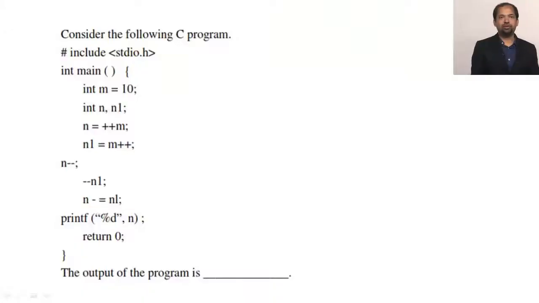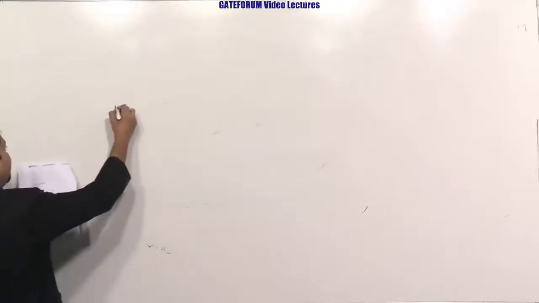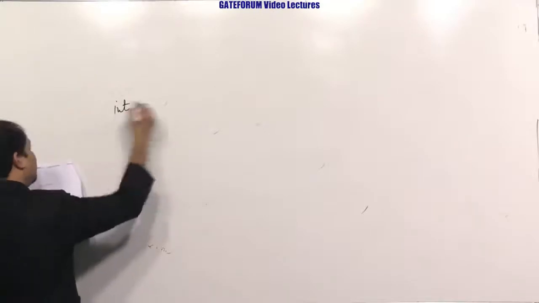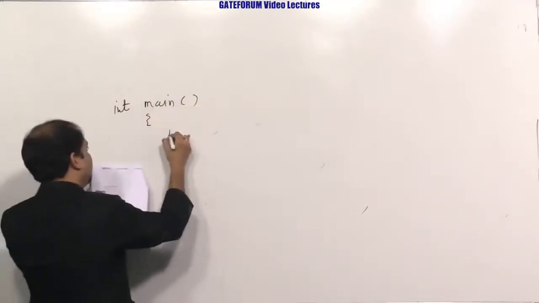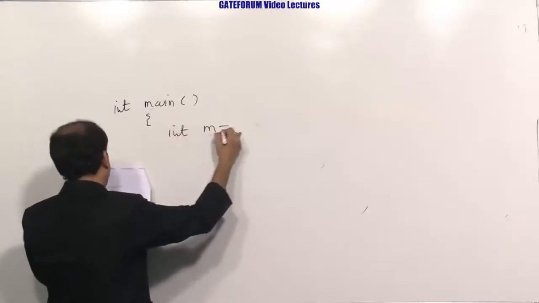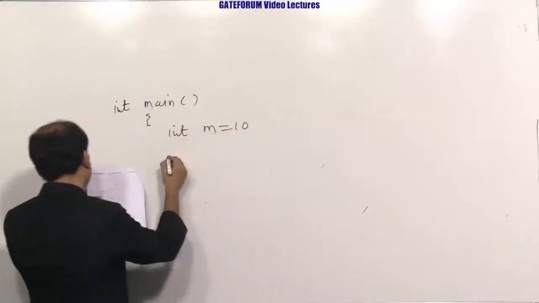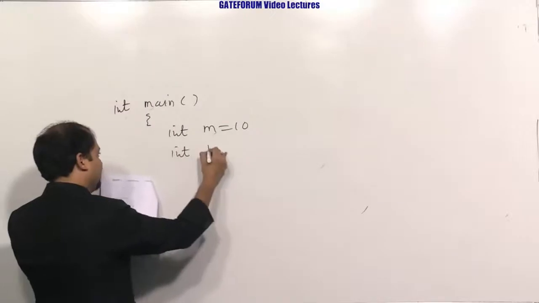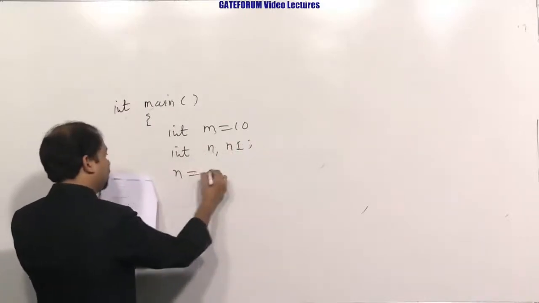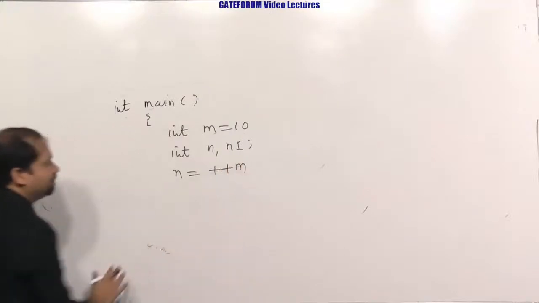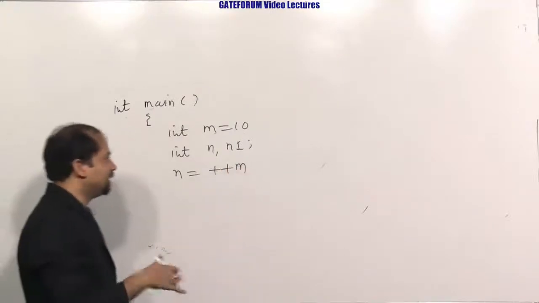So now let's solve this particular question, and here we are given some variables. So the coding is like this. So we are given int main, int m equal to 10, right, int n, n1, n equal to ++m. So see, this is a pre-increment, a first increment then assignment.